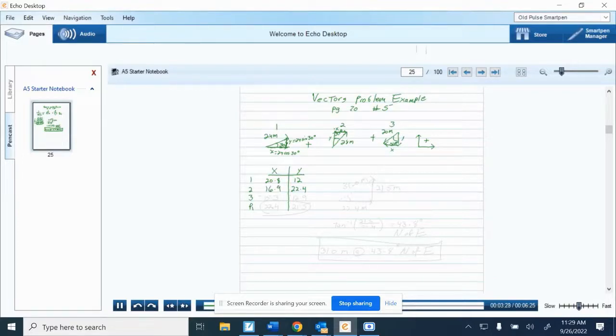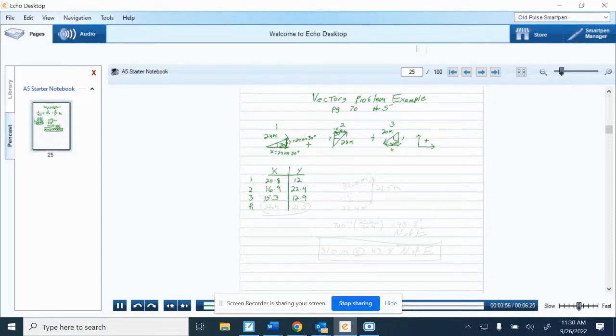And for the last one, for the x component, we're going to do 20 times the sine of 50 because it's opposite, and I get 15.3. And for the y component, I'm going to do 20 times cosine of 50, and I'm going to get 12.9. Now I want to check my signs because all I did was punch numbers into the calculator, but they're not all correct.